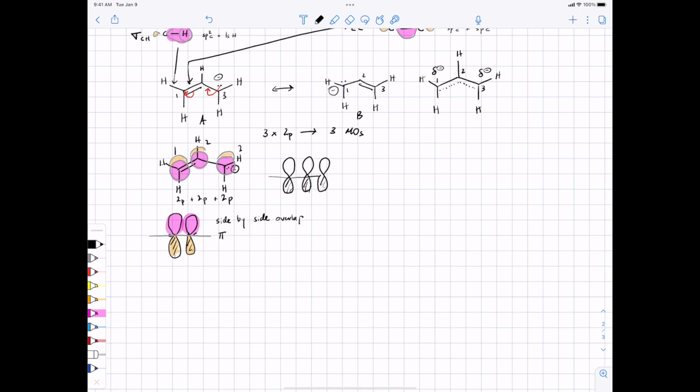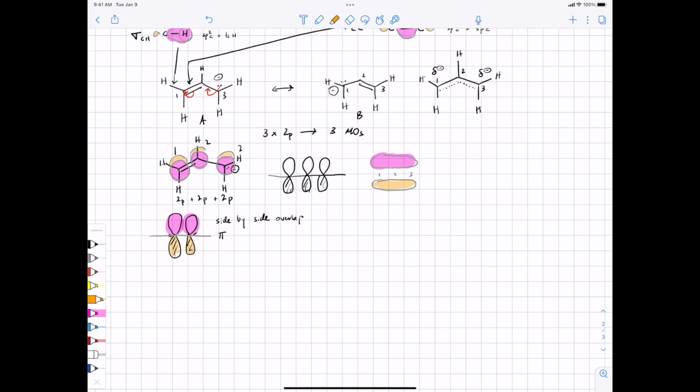This is the plane of the sigma bonds in the molecule going through the node on the carbons. We might also draw this as a continuous lobe of electron density above atoms 1, 2, and 3, with another continuous lobe of electron density below, where we have opposite wave function sign on either side.